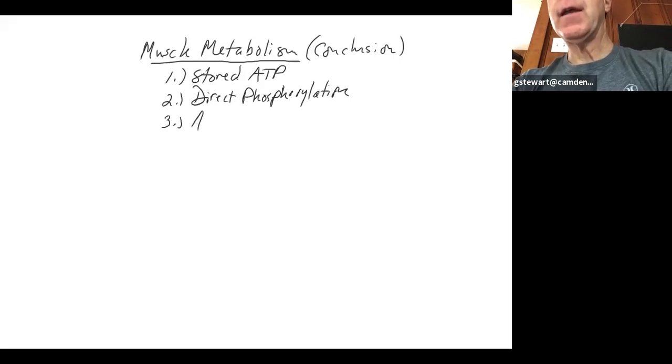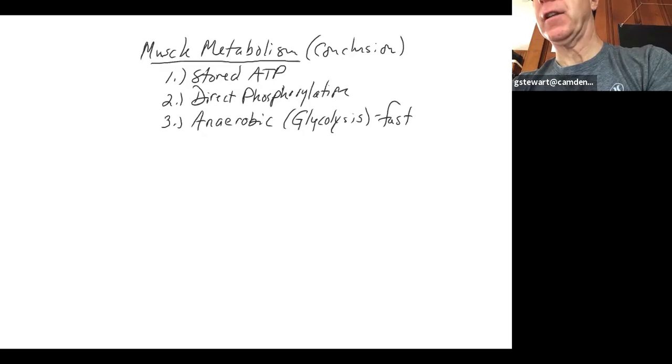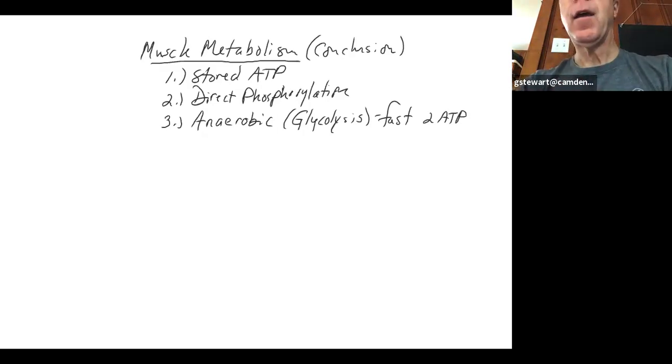Then number 3 is an anaerobic pathway, which is glycolysis, which happens fairly quickly, and it can produce new ATP, but so I'm just going to put fast, but it's not very efficient. So it yields 2 ATP per glucose molecule. So it's quick, but it doesn't give us a lot of ATP.